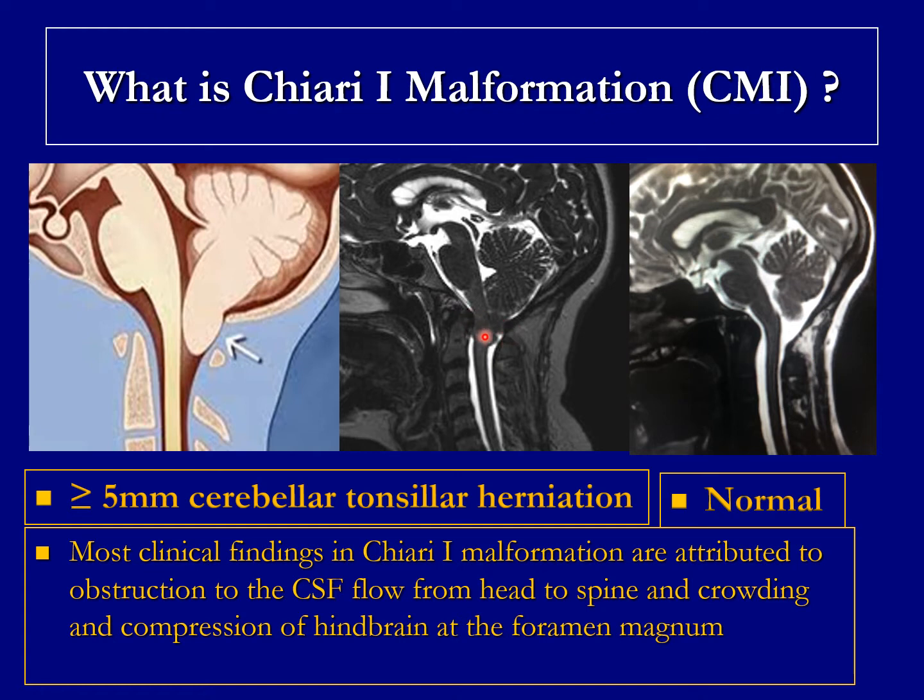And we know that most clinical findings in Chiari malformation are attributed to obstruction to the CSF flow between head and spine, and also due to crowding and compression of the hindbrain at the foramen magnum, because this is a small area, and when all these neural structures are crowded here, that can produce compression and symptoms.